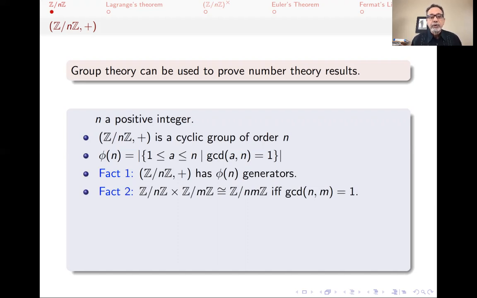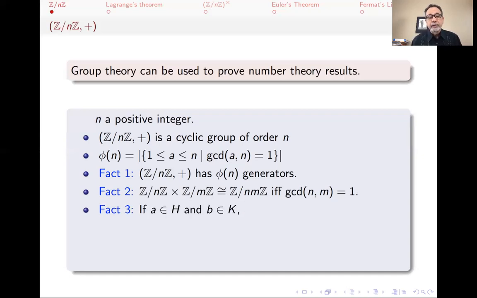Another fact from group theory we know is that if you have two integers n and m that are relatively prime to each other, where their greatest common divisor is 1, then the direct product of the cyclic group of order n and the cyclic group of order m is the cyclic group of order nm.